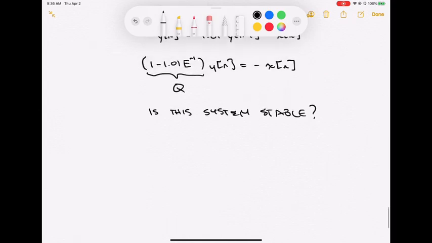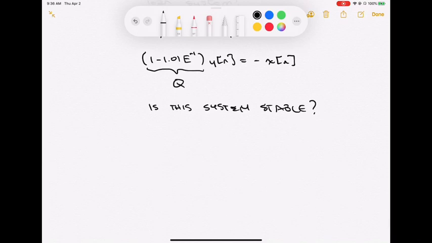If we go back and think about stability in this particular case, to find the characteristic roots, I would put in gamma for E, and I would have 1 minus 1.01 gamma to the minus 1, set that equal to 0. Solve that for gamma, and I get gamma equals 1.01.